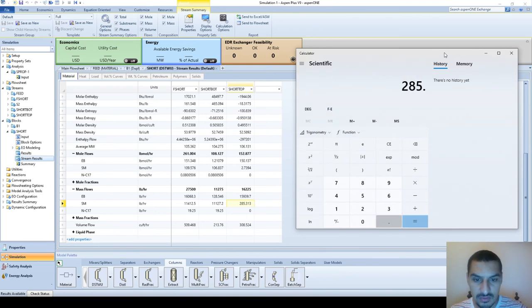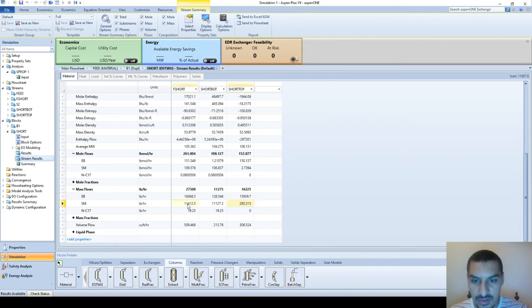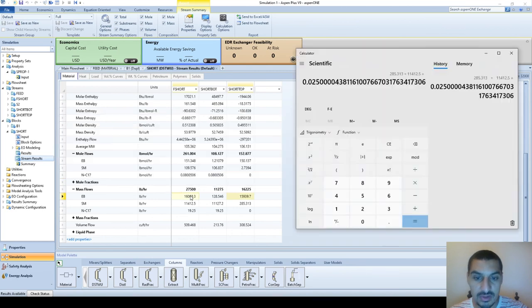So it's 285.313 divided by 11,412.5. So it's 0.025. It's exactly 0.025. And now I'm going to divide this by this, because our recoveries were calculated based on the top product.